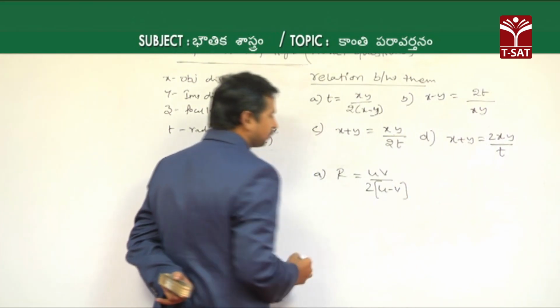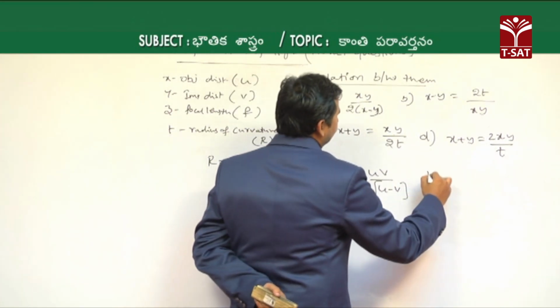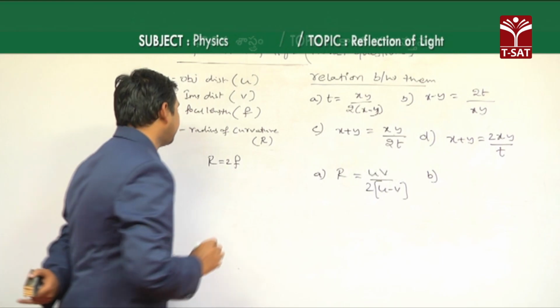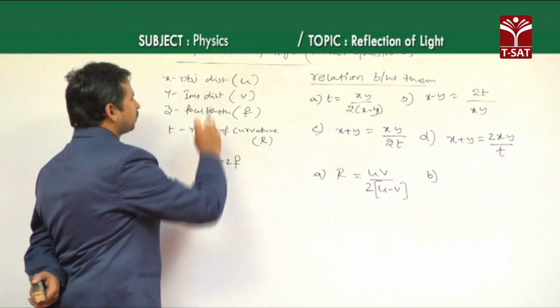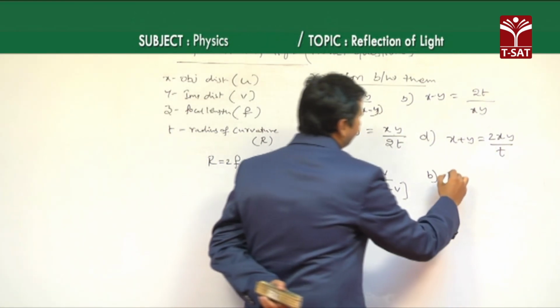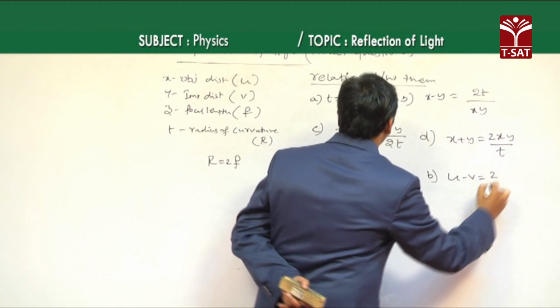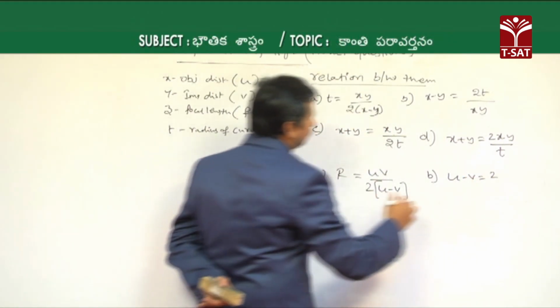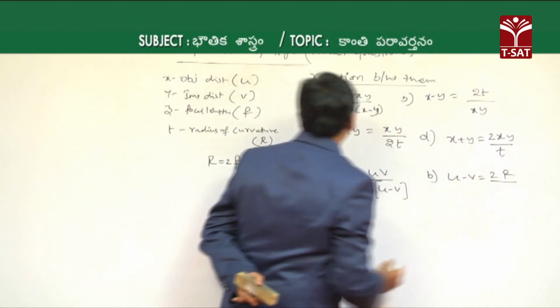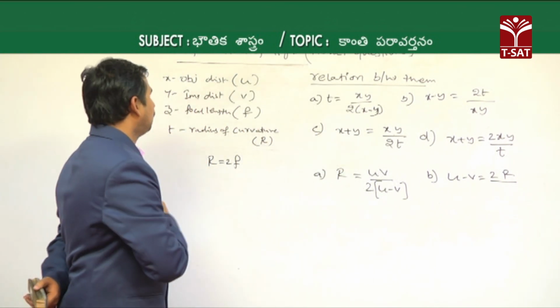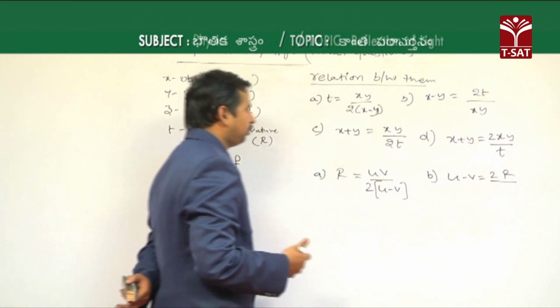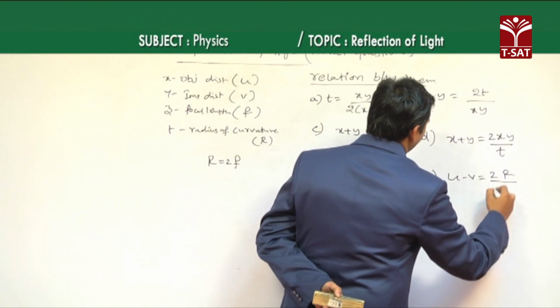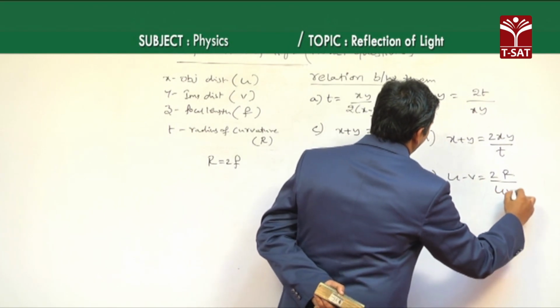This is the first case. The second option is x minus y, which means u minus v, is equal to 2 into t, that is r, by xy, where x is again the object distance and y the image distance, and xy means u into v.